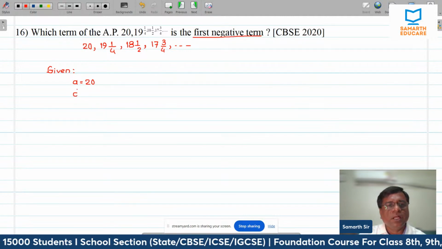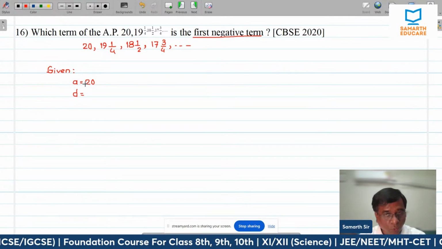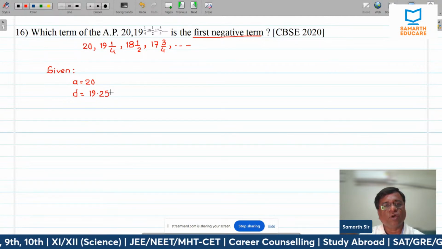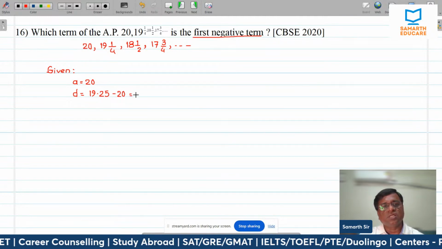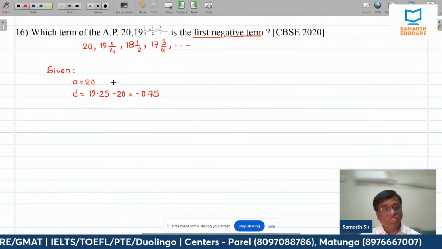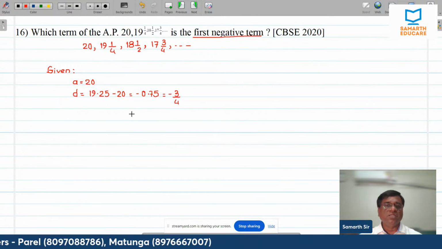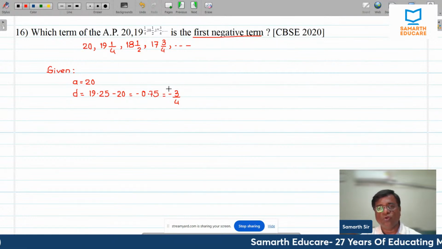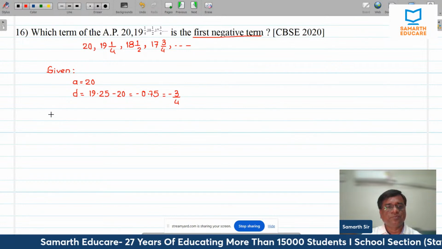That is fine. For d, either convert the mixed fraction into an improper fraction, or my suggestion is 19 1/4 is 19.25, since 1/4 is 0.25, right? Minus 20. Hence, the common difference is minus 0.75, which can also be converted into a fraction, that is minus 3/4. This is d. So it's up to you. You can keep it as a decimal or convert it into a fraction. It's up to you. Now he's asking for the first negative term, right?